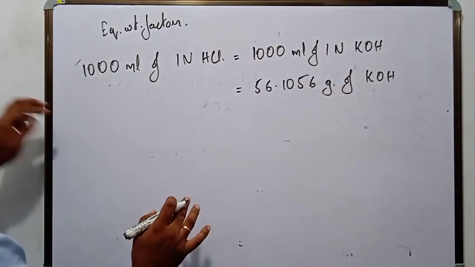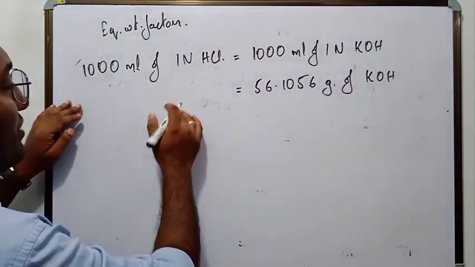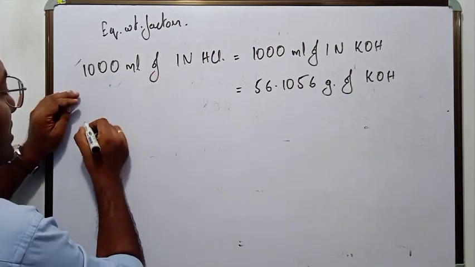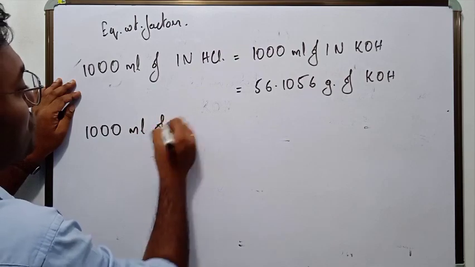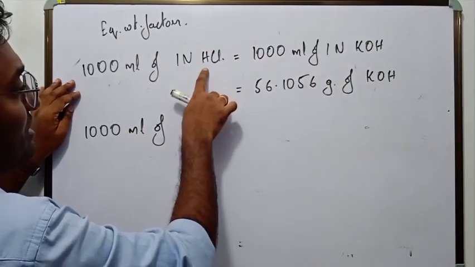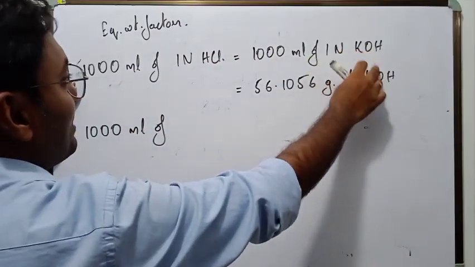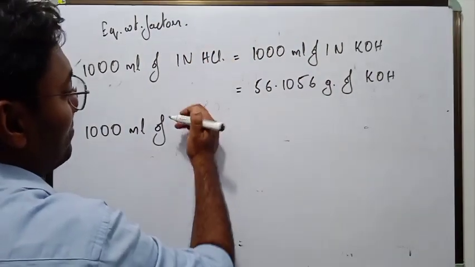Now I will halve it, because we used 0.5 normal HCl and 0.5 normal KOH, so we have to divide it by 2.